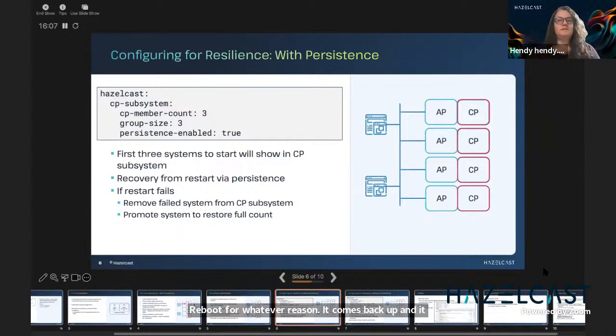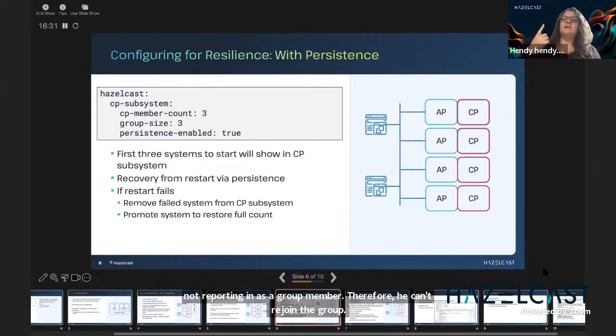It knows that the CP subsystem exists because that's in its configuration, but group membership is negotiated dynamically. It came back, it has no knowledge of group membership. The other two systems know that it's supposed to be in the group, but it's not reporting in as a group member. Therefore, it can't rejoin the group.